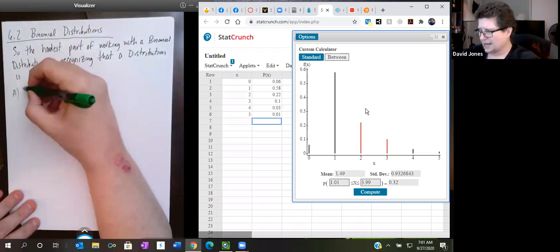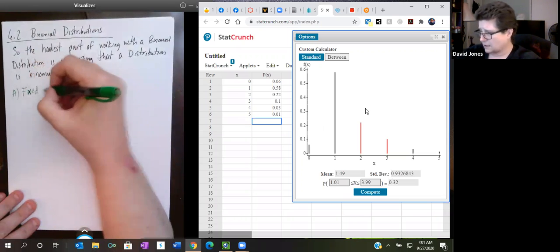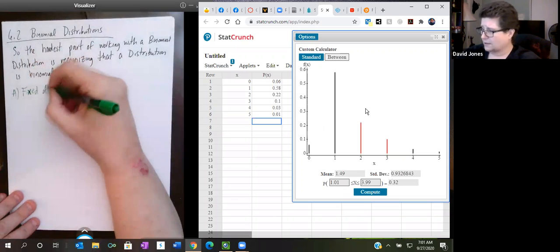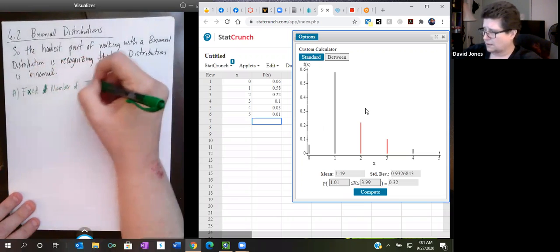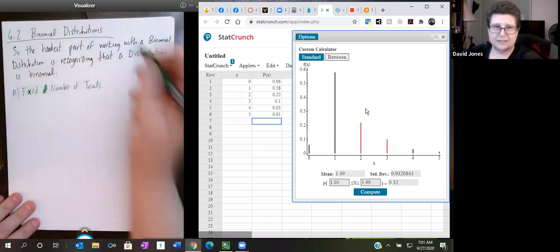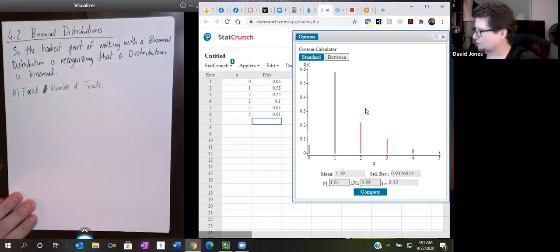There has to be a fixed number of trials. We have to state in the beginning how many trials we're doing. It can't be like baseball, the World Series is the first team to win 4 games. The World Series doesn't always take 7 games. Sometimes it's done in 4 games.